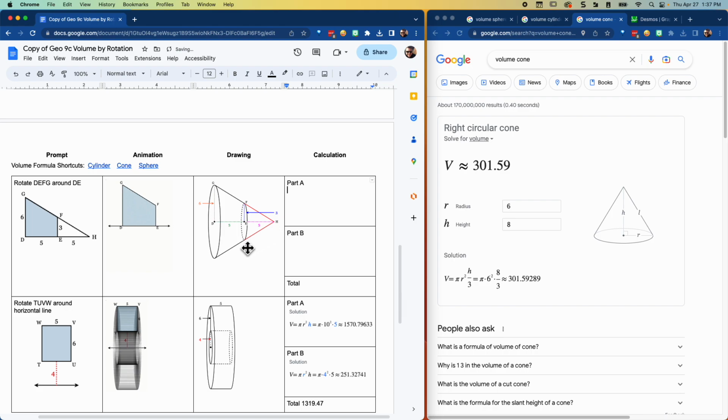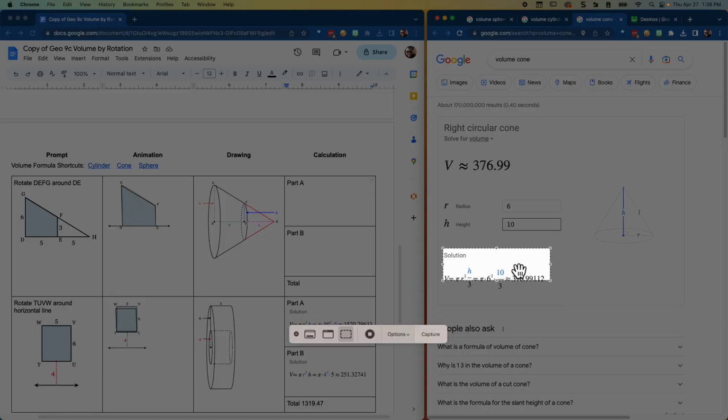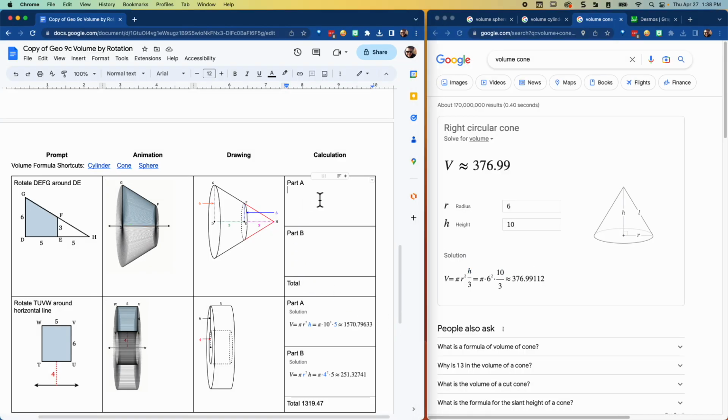For the whole cone, all the way from the bottom base to where this would intersect at the top from the diagonal edges, that has a radius of 6 and a height of 5 and 5 put together, so it's a height of 10. So the radius is 6, but the height is 10. And that gives us a calculation down here of 377 about.